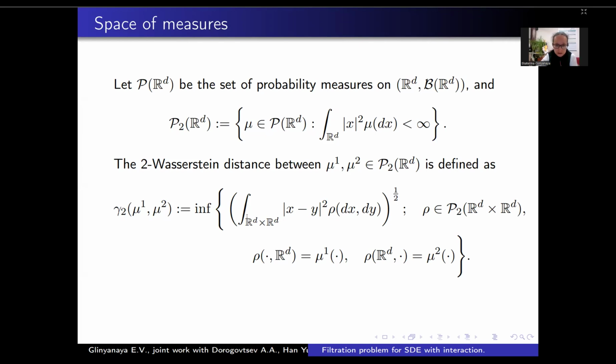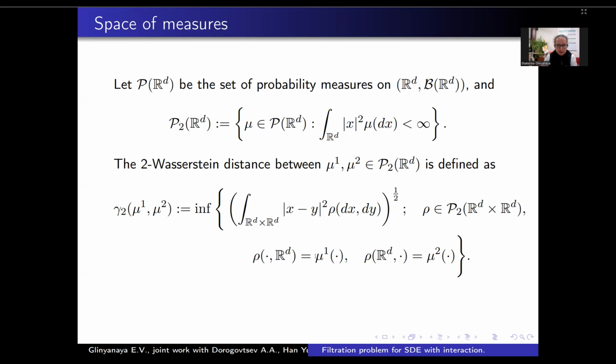Here we take the infimum over integrals of the distance between two points, with integration over a measure rho, which has marginal measures mu1 and mu2 correspondingly.